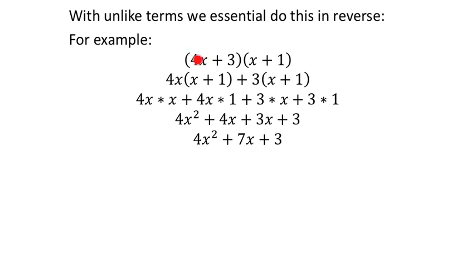So like this 4x right here, we're going to take it and multiply it by this full other binomial. It could be a trinomial, maybe it's even a monomial, it doesn't matter. You can distribute this 4x into this other binomial, but we're going to do the same thing with the 3, right?